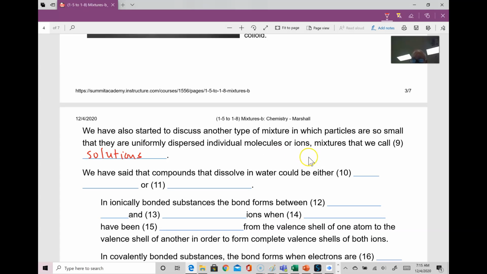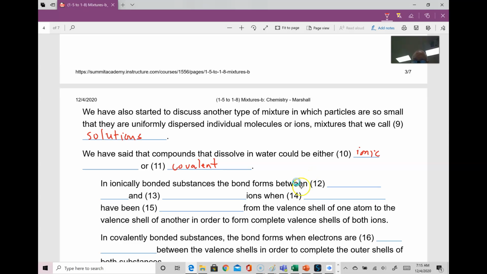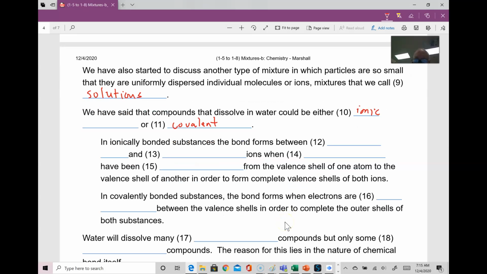So we've said that the compounds that dissolve in water could either be ionic or covalent. Both of these types of things can dissolve in water. In ionically bonded substances, the bond forms between positive and negative ions.